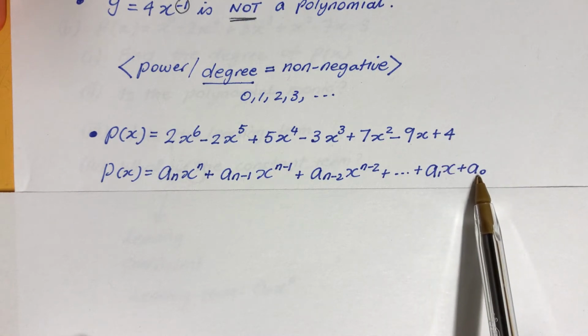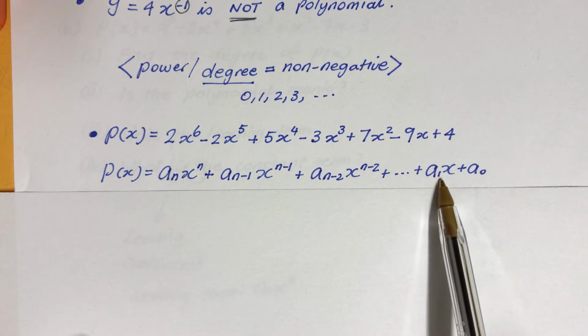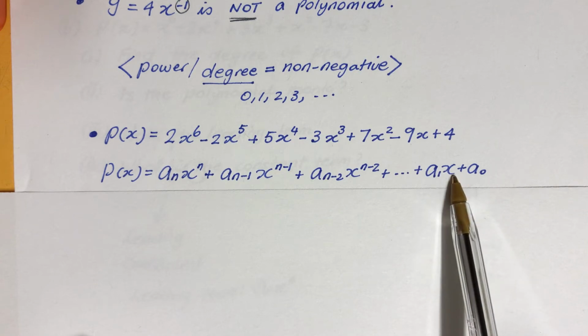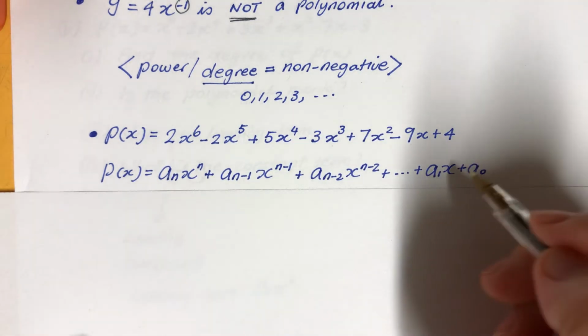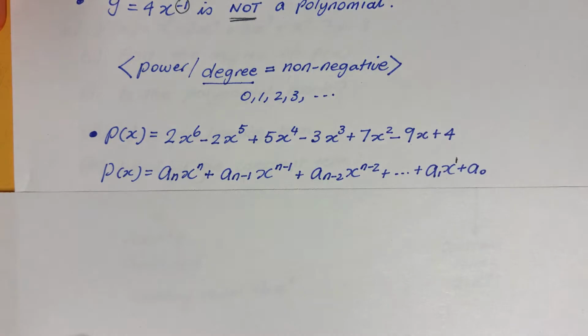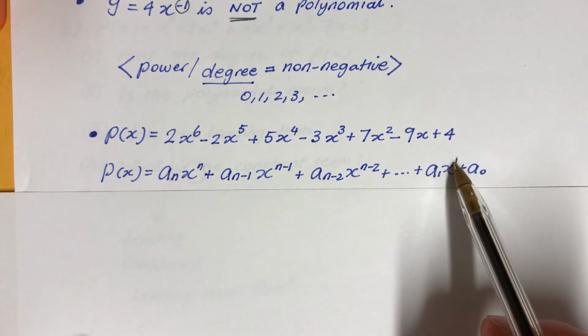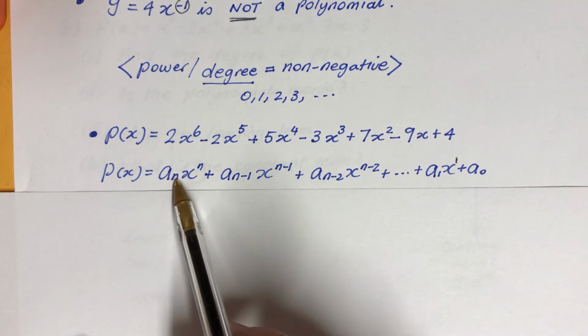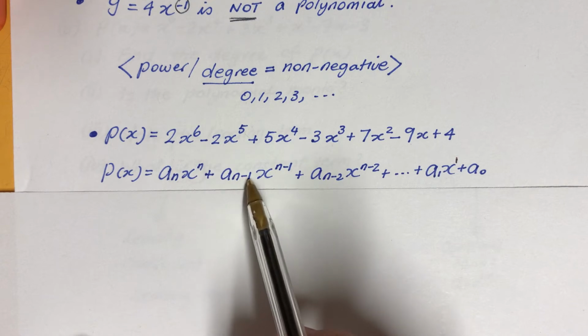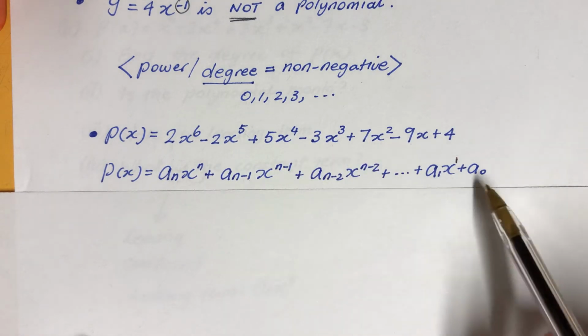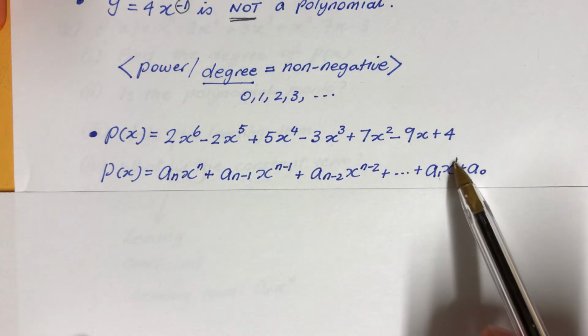Okay, that's a constant term. Now what happens here, previous to that is a, the term 1, first term, and x. And that x has a power of 1 here. Okay, so you will see it's matching up, and the nth term has power n, the n minus 1 term has power n minus 1, and so the first term has a power of 1.